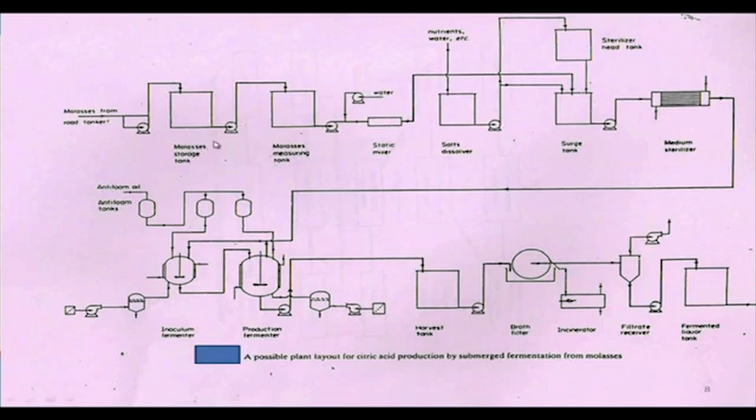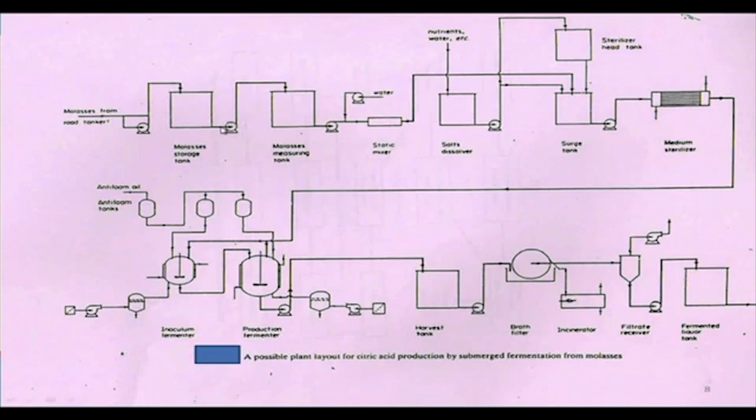and we find it suitable for the citric acid production. Then this molasses measuring tank, what you call MMT, is located in the fermentation plant, and whatever day-to-day requirement is there, we pump this to the fermentation plant.